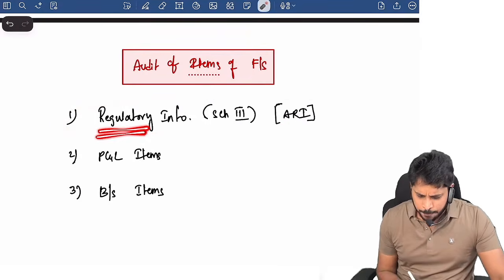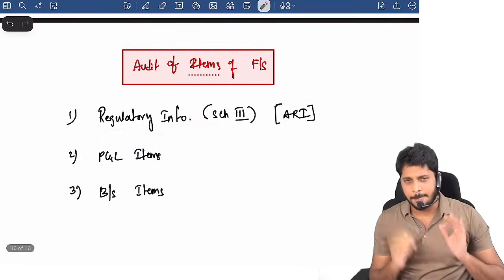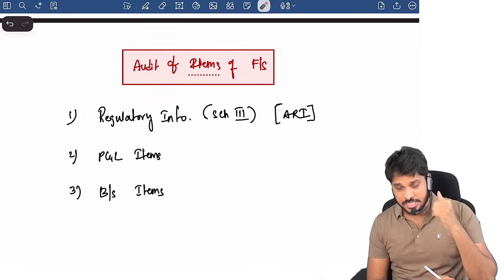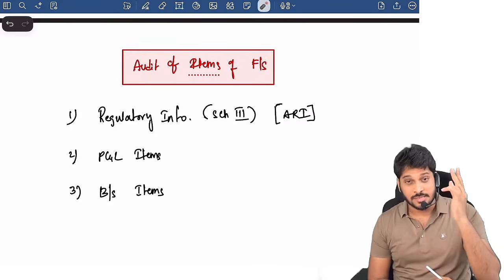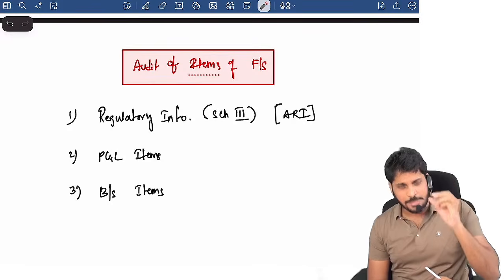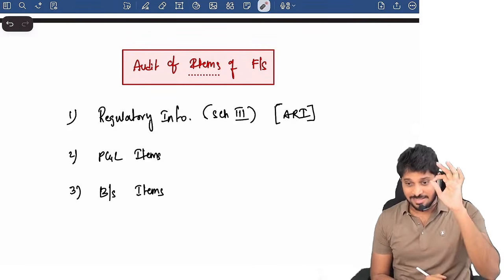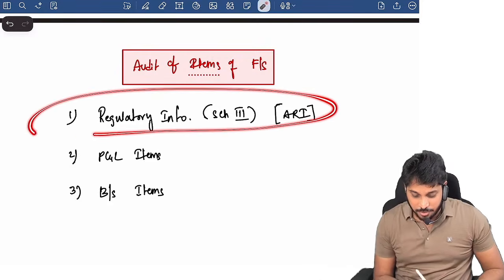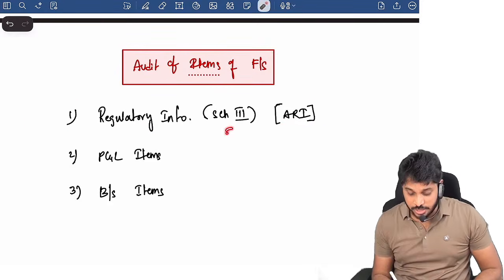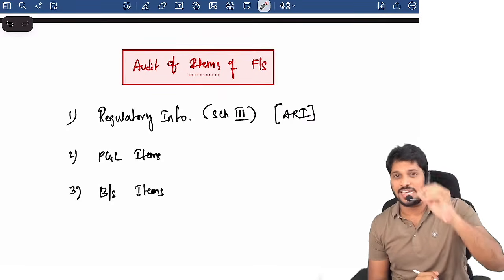Those of you who do not have any idea, this is nothing but, if you observe below fixed assets, below loans and advances, below capital, below other expenses, at so many places wherever they have given disclosure requirements, there is additional regulatory information, a Schedule 3 disclosure which is to be shown additionally as regulatory information.